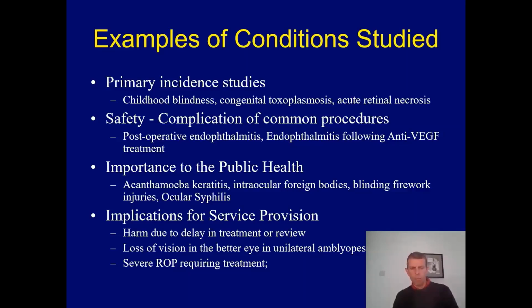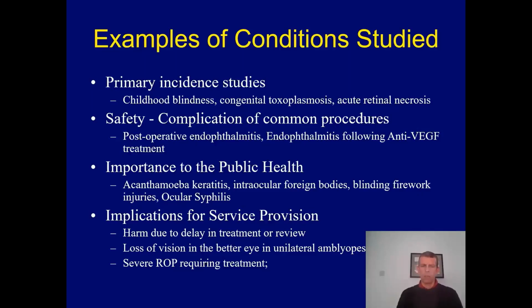There have been topics that have been important to the public health, such as firework or air gun injuries, ocular syphilis, or acanthamoeba keratitis, which has of course been particularly important for contact lens wearers. And then there are studies that have impacted on service provision, such as the harm due to delay study, which influenced college policy widely and had other political implications.